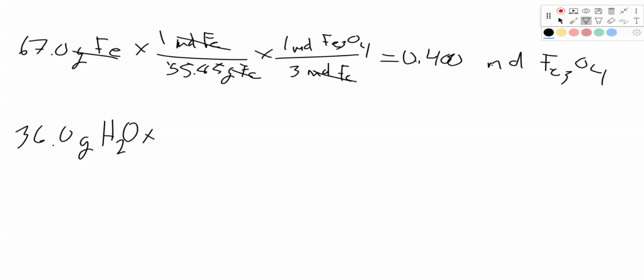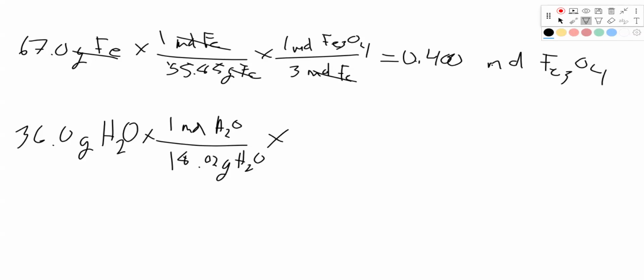Okay. So then I need the molar mass of water because I've got 1 mole of H2O for every 18.02 grams of H2O. And then again, I don't want to stop at H2O. I want to move on to moles of Fe3O4.